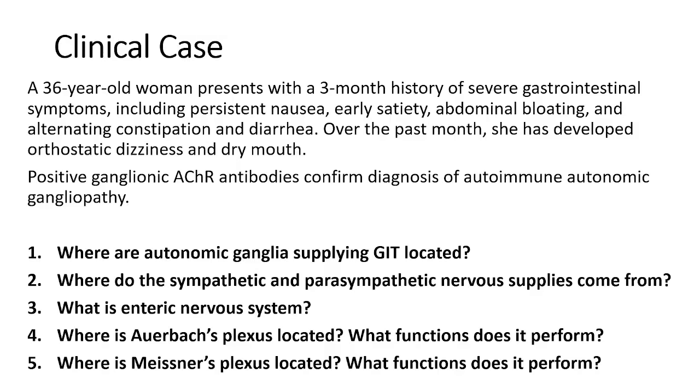Clinical case. A 36-year-old woman presents with a 3-month history of severe gastrointestinal symptoms, including persistent nausea, early satiety, abdominal bloating, and alternating constipation and diarrhea. Over the past month, she has developed orthostatic dizziness, which means that she becomes dizzy when she stands up from either sitting or lying down in bed, and dry mouth.